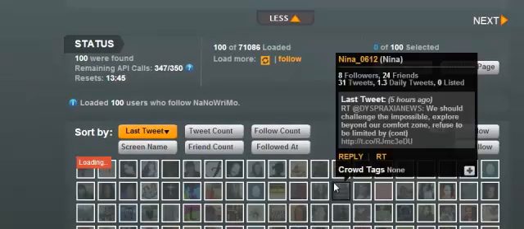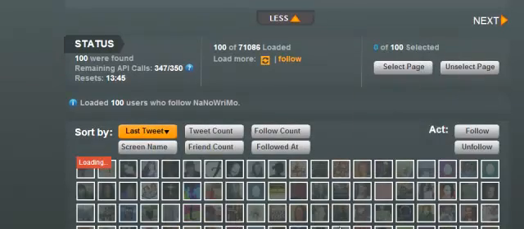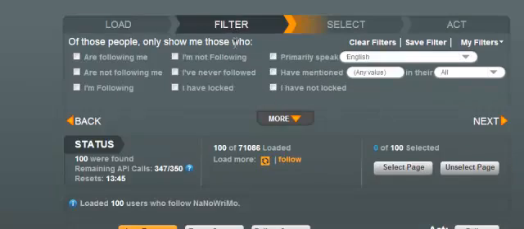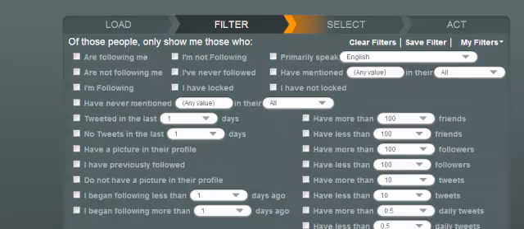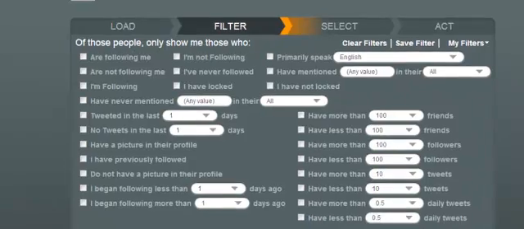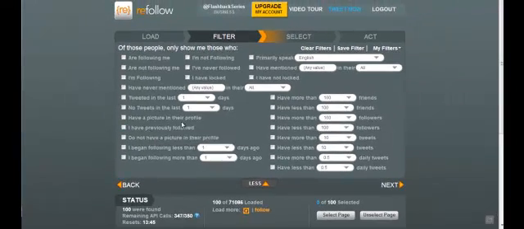I simply load their followers down here, and I add more filters. As you can see, there are a ton of different filters to narrow it down to actual Twitter users who will be most relevant for your specific objective.